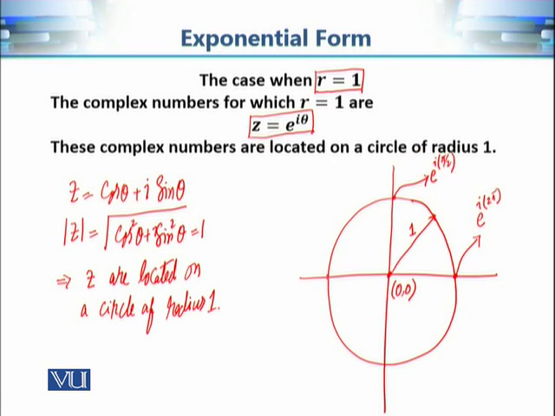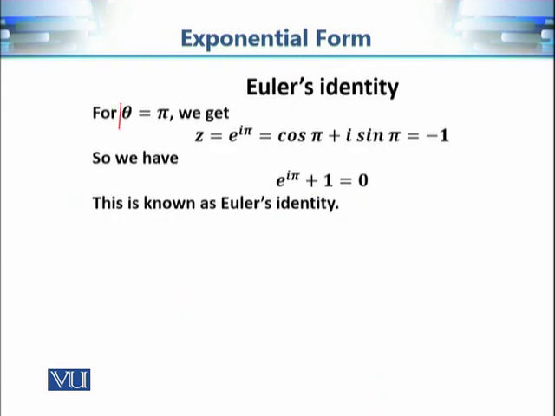Similarly, if we consider this complex number, then it will be equal to e raised to power iota, and the value of theta is basically pi, iota pi. And similarly, we can also find other values on this circle. If we consider theta to be equal to pi, then we have seen that this z is equal to -1, or we can say that e raised to power iota pi plus 1 is equal to 0. Now this is known as Euler's identity.